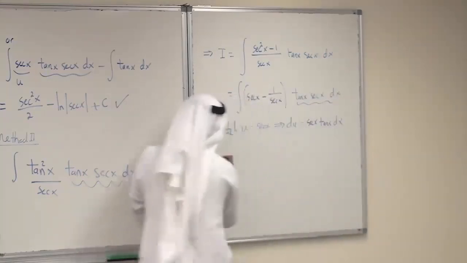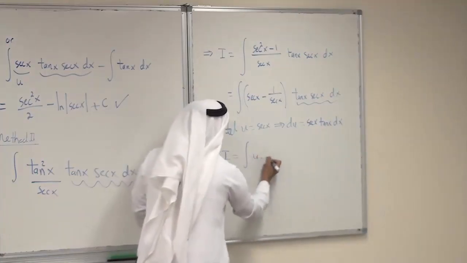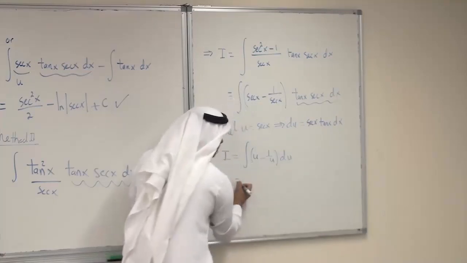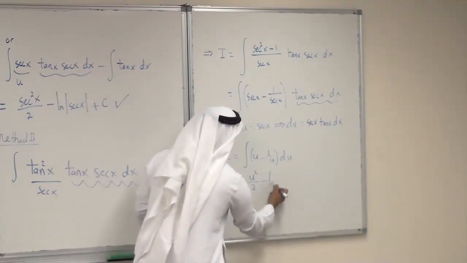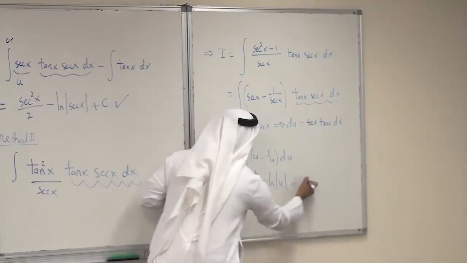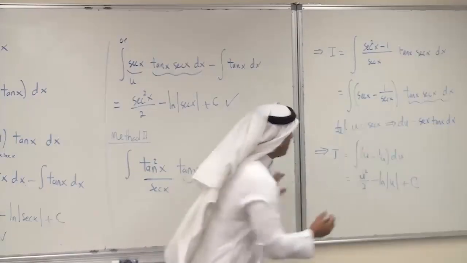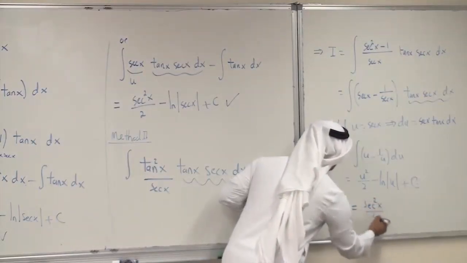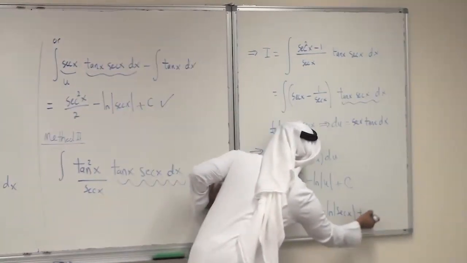So our integral is the integral of u minus 1 over u, that is du. What is the answer for this? This will be u squared over 2 minus ln absolute value of u plus constant c. If you replace back u by secant, what you get here is secant squared of x over 2 minus ln absolute value of secant of x plus constant c.